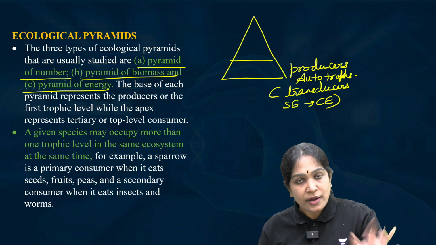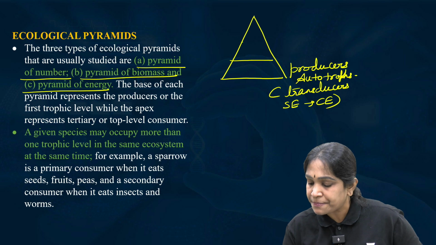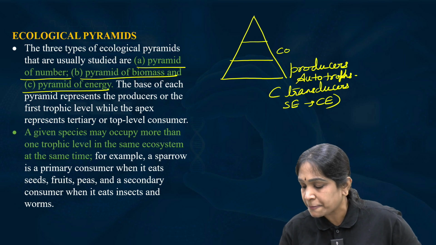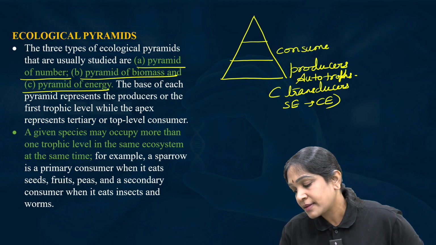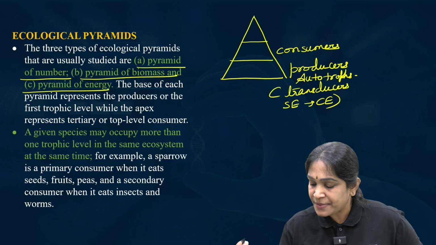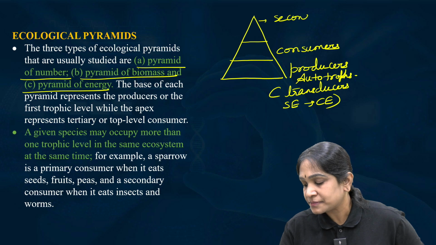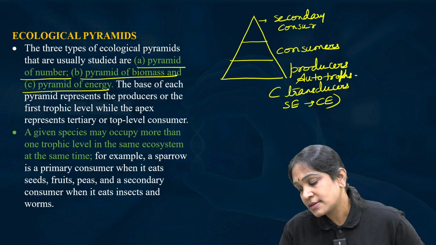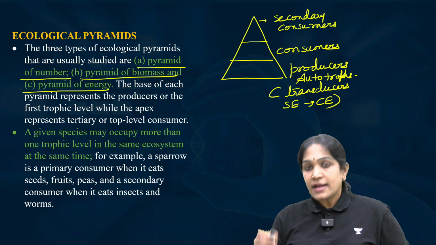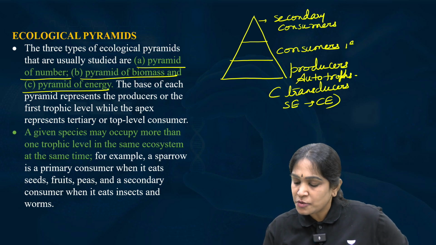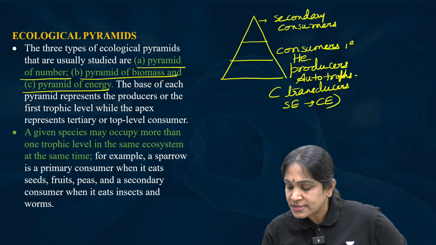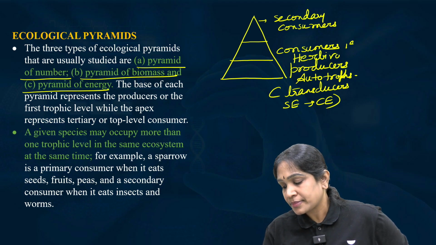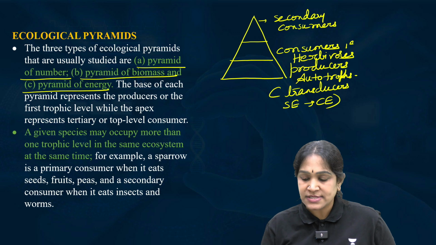And in any ecological pyramid, the second step is primary consumers, and the third step is secondary consumers. Primary consumers are called herbivores.